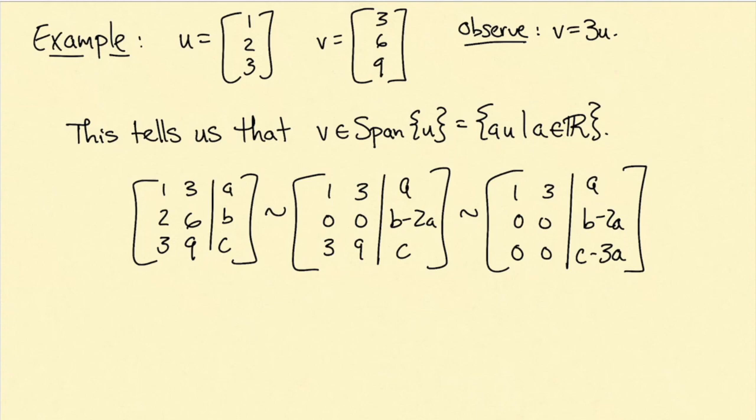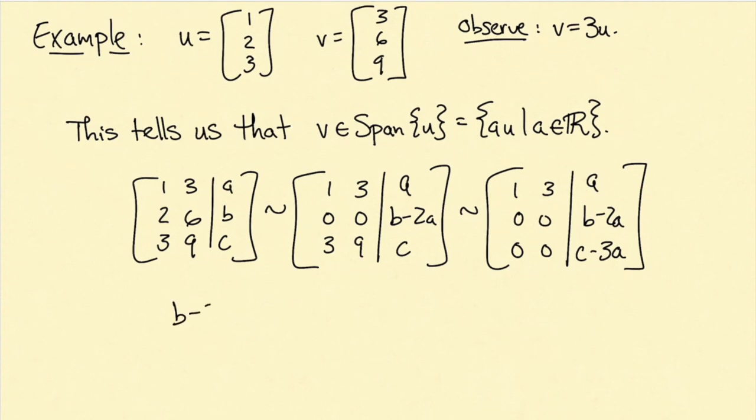The first equation is b minus 2a is 0, and the second equation is c minus 3a is equal to 0. If we solve both of these equations for b in terms of a and c in terms of a, we'll get b equals 2a and c equals 3a.